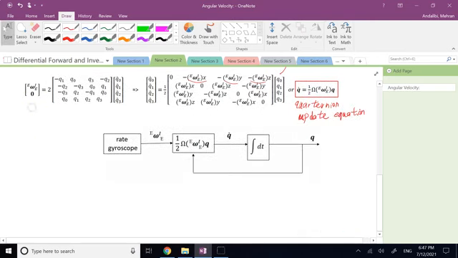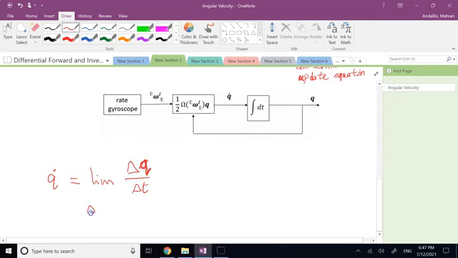Correct? Because Q dot means the limit of delta Q over delta T as delta T goes to 0. So if you approximate it, it's approximately equal to delta Q over delta T, where delta T is small.